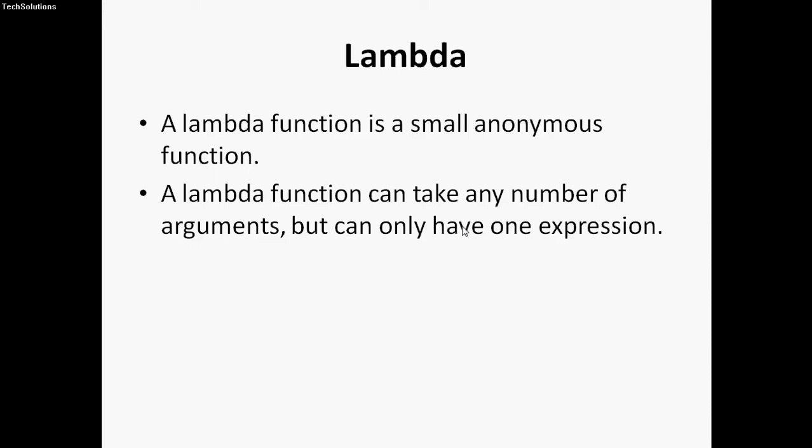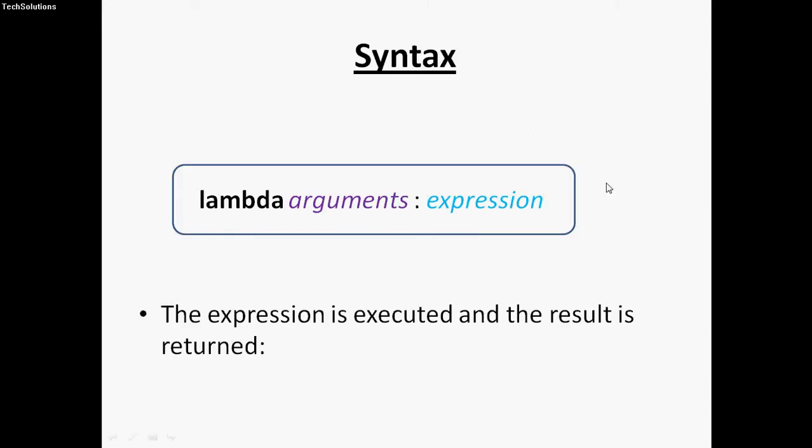Let's have a look at the syntax. To write a lambda function, write lambda, which is a keyword, followed by arguments, colon, and then the expression. We will look at how to perform it in our example.